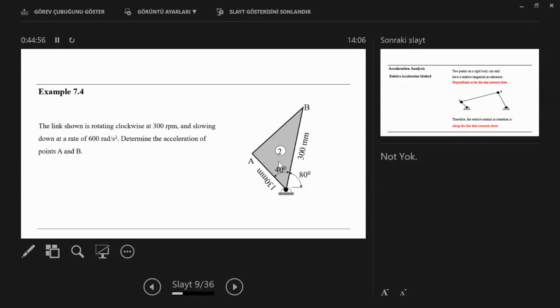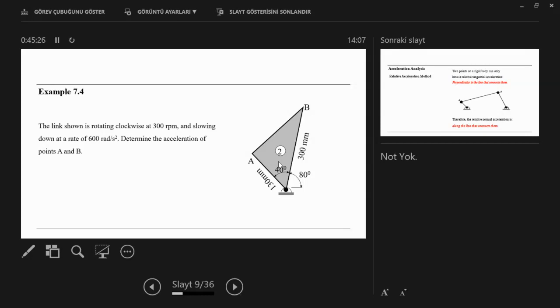Maybe we use this part of the board. Okay, so what is given? 300 RPM clockwise.